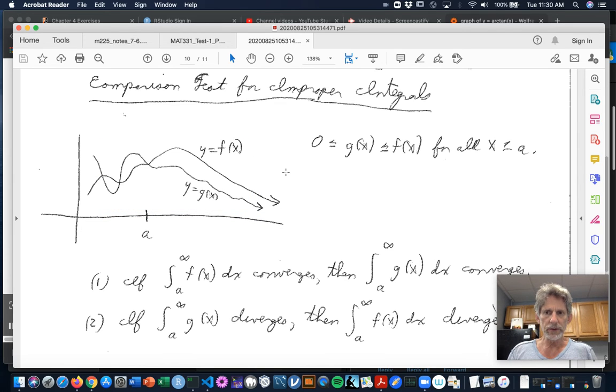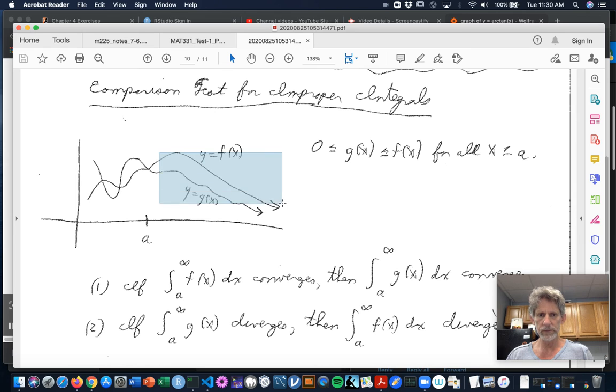And suppose that for all the x's bigger than or equal to some number a, so like here's an a on the x-axis, the f of x curve is above the g of x curve. So g of x is less than or equal to f of x. Also suppose the g of x is at least bigger than or equal to 0, like in the picture I have here, okay?